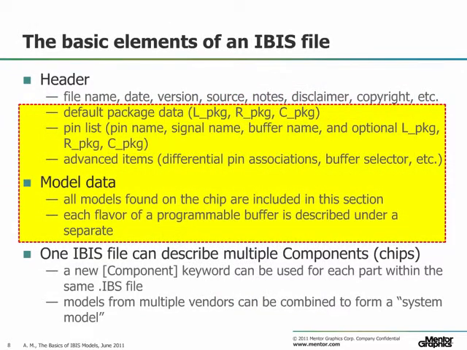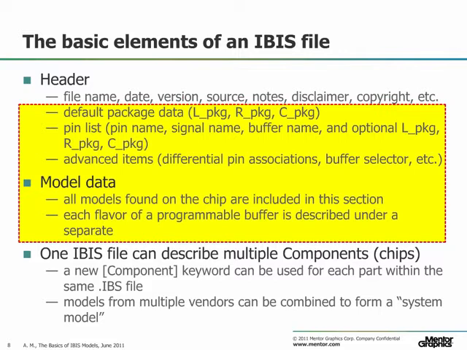I would like to turn our attention now to the content and structure of an IBIS file. Each IBIS file starts usually with a header section containing the file name, date, version, source, notes, disclaimer, copyright, and similar information about the file itself. A single IBIS file can contain the modeling data for multiple devices or components.